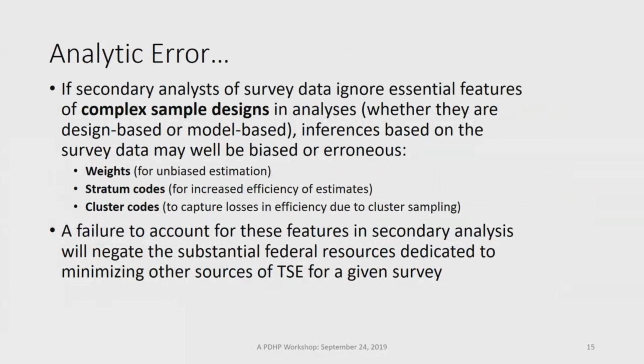So a failure to account for these features in analysis negates all of those resources that are dedicated to minimizing these other sources of total survey error for a given survey project. Okay? So it does put the onus on analysts to be careful when analyzing these kinds of data sets to make sure that you're not adding another source of error to the estimate.